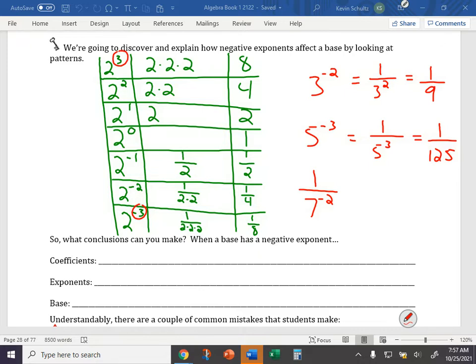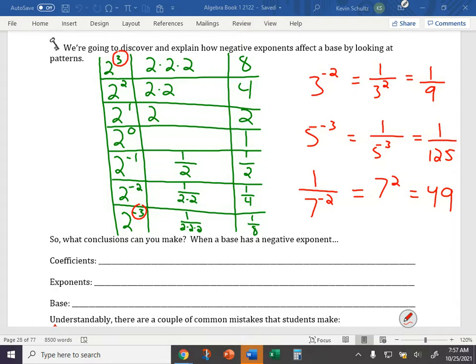Alex? Nope. A negative exponent does not make a base negative. I should have mentioned that earlier. Noah? It's just going to be 49. 1 over 7 to the negative second power is equal to 7 to the positive second in our numerator, which equals 49.